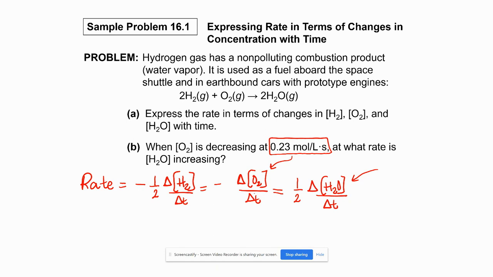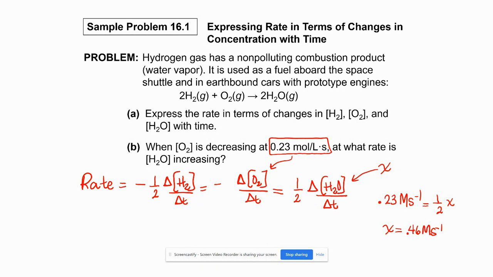So the change in oxygen over change in time is 0.23 molarity seconds to the -1, and I prefer that versus writing out the whole unit. And that would equal 1/2 X. And I'm going to call the water that we're trying to find X. So X equals 0.46.